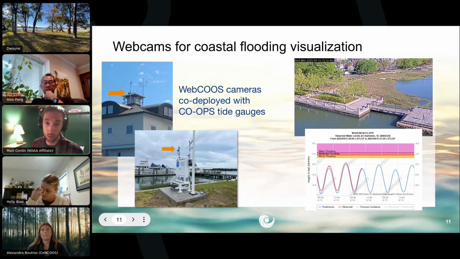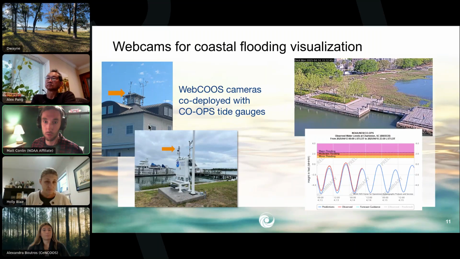And some of the WebCOOS cameras that have already been deployed, and hopefully more that will be deployed in the future, are co-located or at least very closely located with some of these tide gauges. The pictures that you see on the left here are from the Charleston Lawn Station and the Beaufort tide gauge as well.